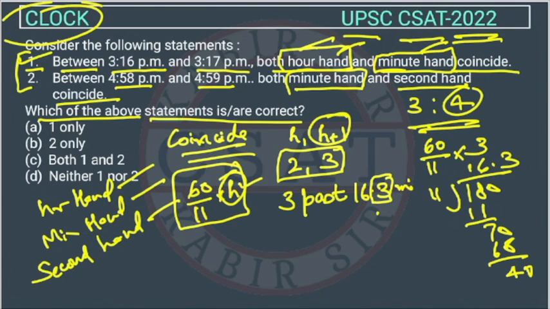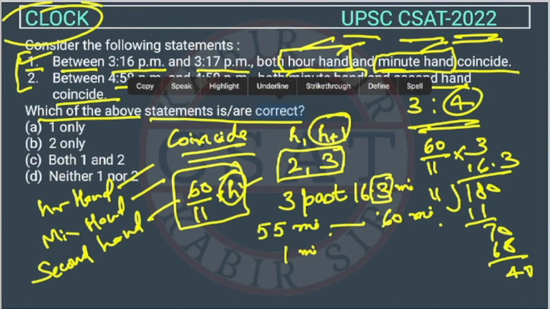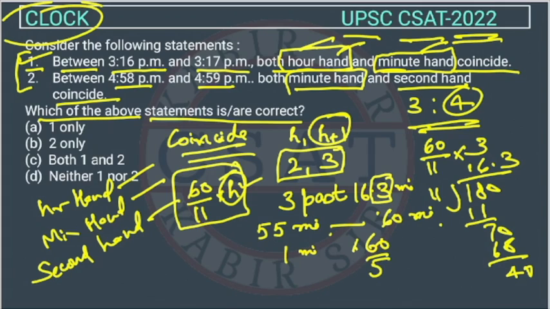There is another method you can use. That method is relative speed, right? You know that the hour hand gains 55 minutes in 60 minutes, right? So it will gain 1 minute in 60 upon 55, right?